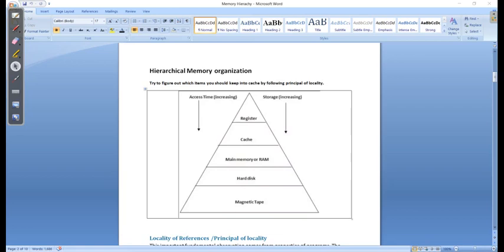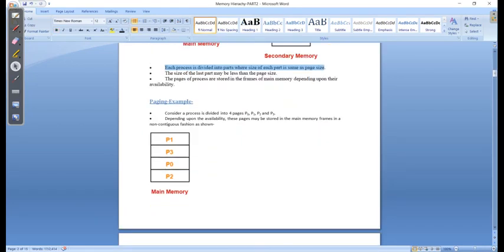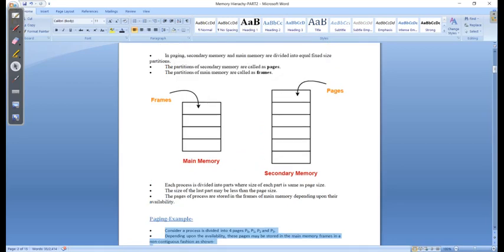So what is the solution? To find the solution, let me again go back to paging. Just come to this example. Here, what is being done? A process is divided into some subparts, and part by part it is loaded into the main memory from secondary memory.